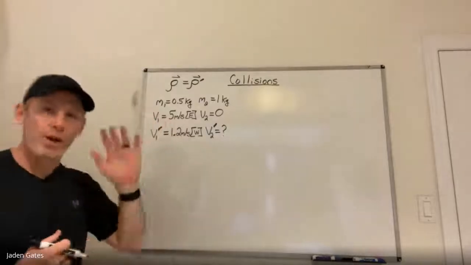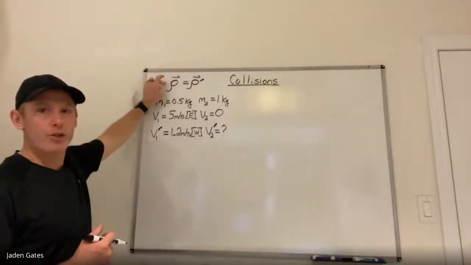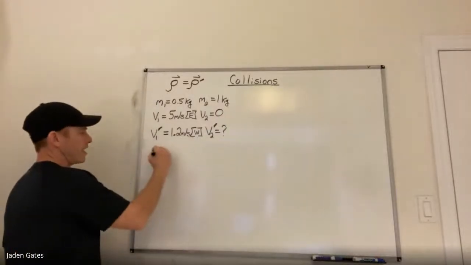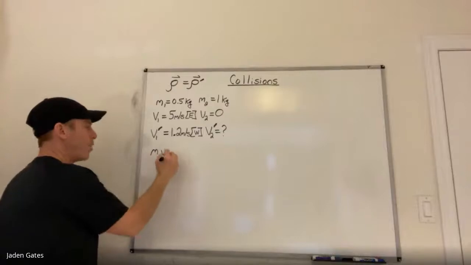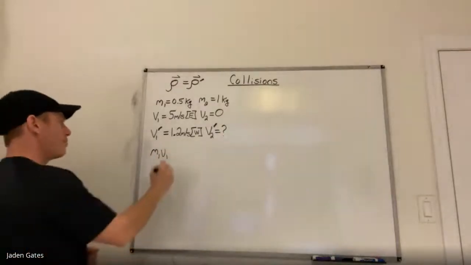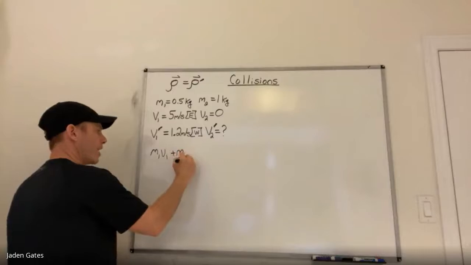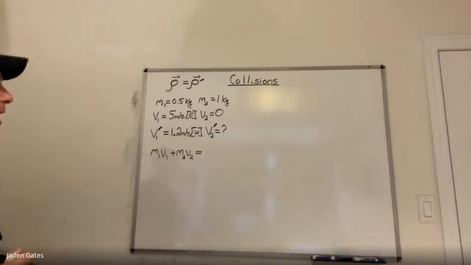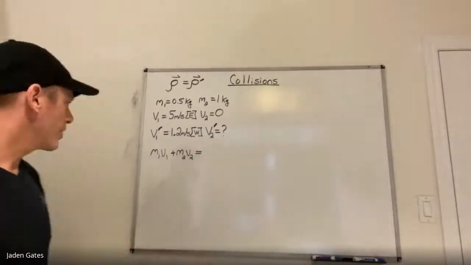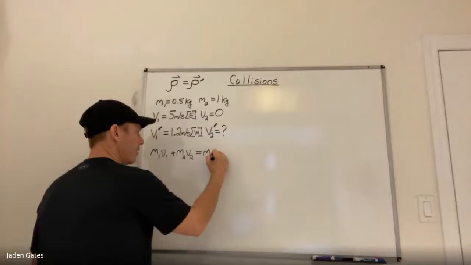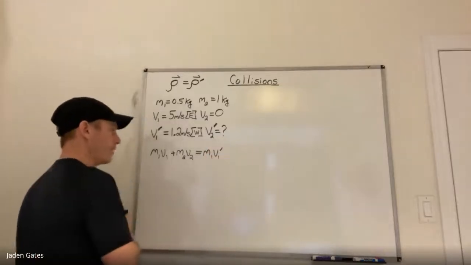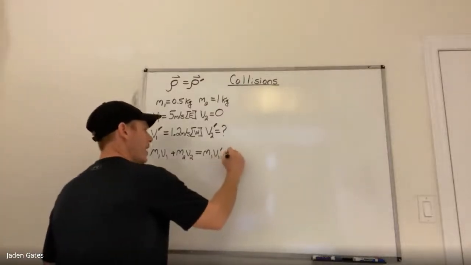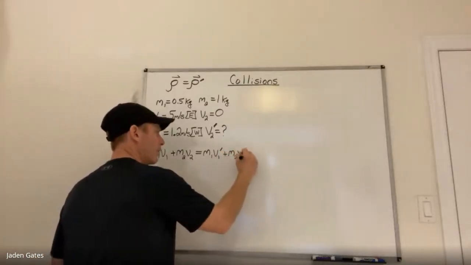But again, with collisions, momentum is conserved. So the momentum before, M1 V1, the momentum of object one initially, plus M2 V2, the momentum of the second object initially, has to equal the momentum afterwards: M1 times V1 prime, because the masses aren't changing, the velocities are, plus M2 V2 prime.